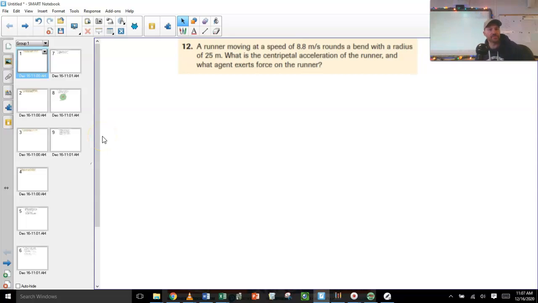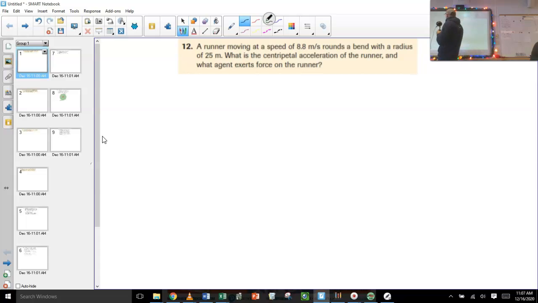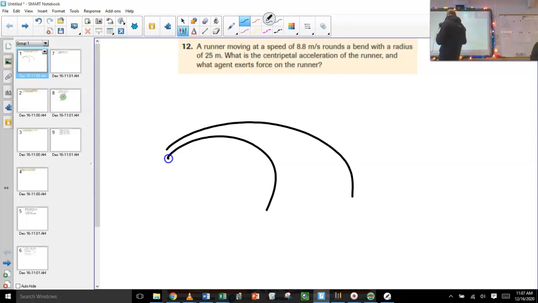Number 12 says, a runner is moving at a speed of 8.8 meters per second, rounds a bend with a radius of 25 meters. So here's my track. Here's my person running.